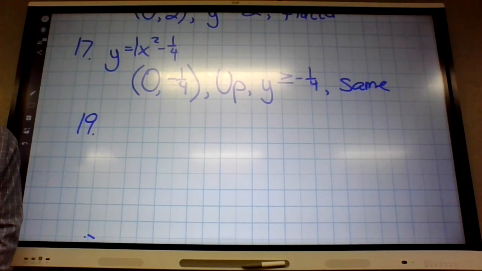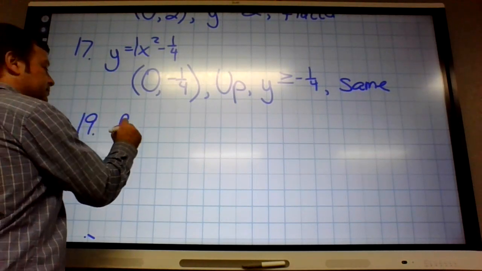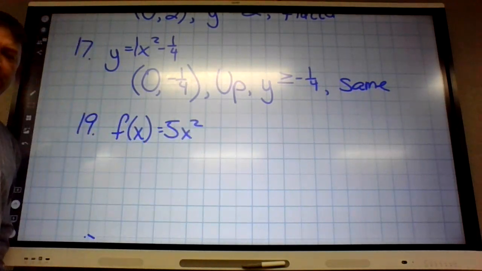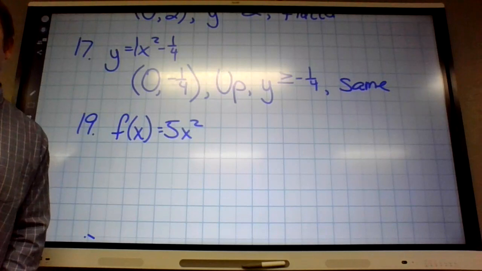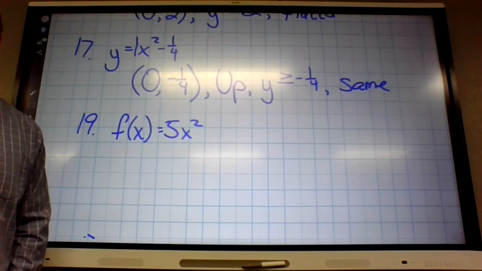Number 13, because 5x squared, 5 is the largest number in front of the x squared. Second part, there's a second question. Which of those would have to be the flattest?